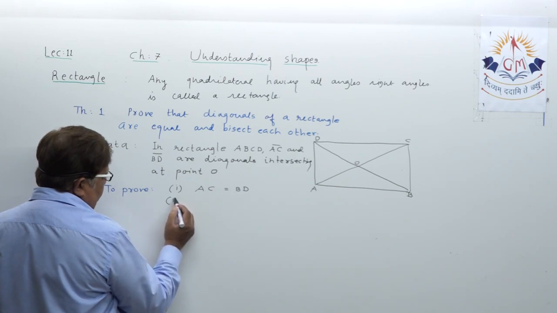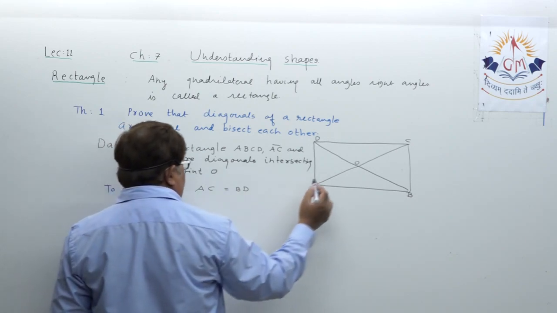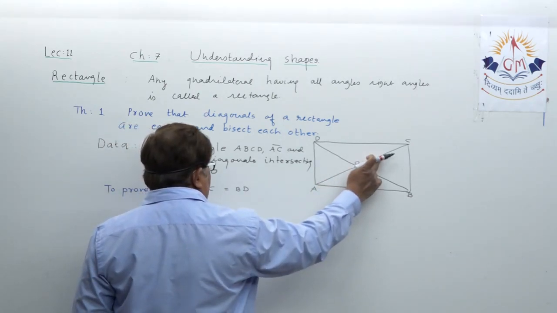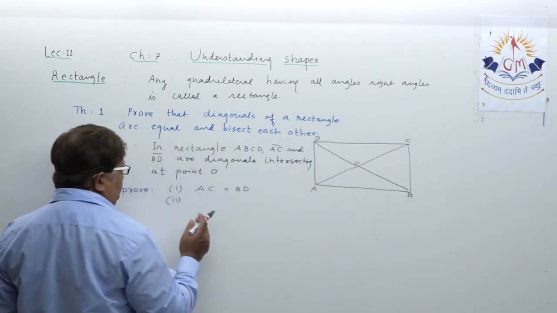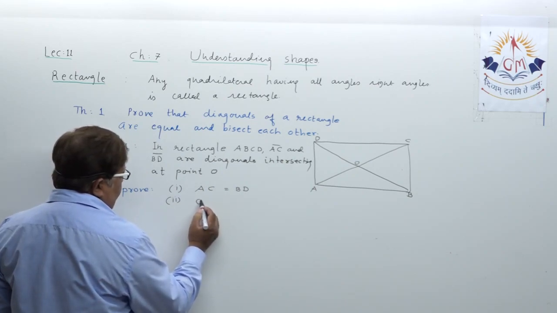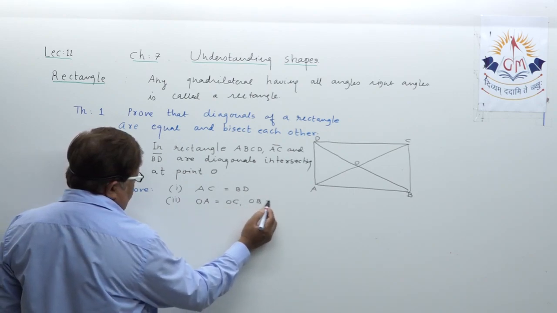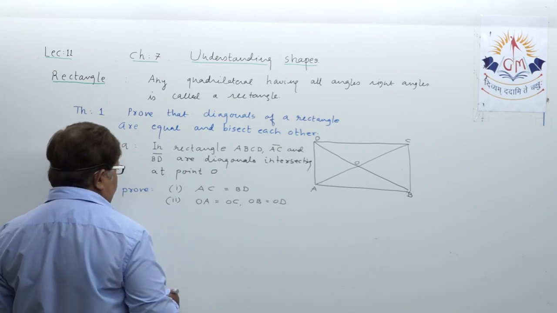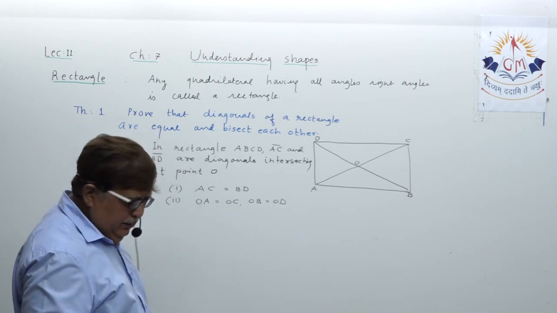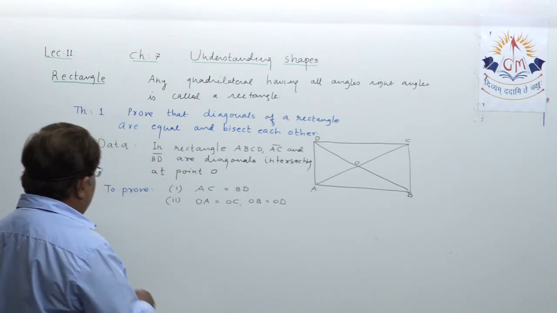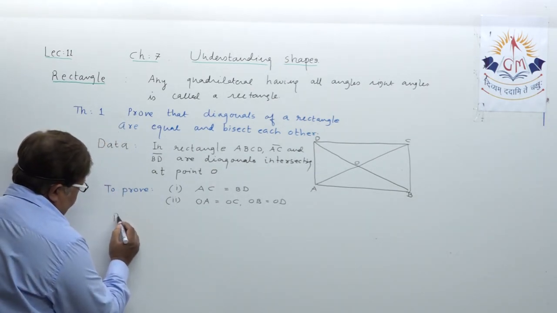And the second fact which you have to prove, as you know, diagonals bisect means I have to prove these two parts equal, these two parts equal. So I will just write OA equal to OC, OB equal to OD. Understood? Though we do not need to ascertain this because it is very easy to prove. Now let us give the proof for this.